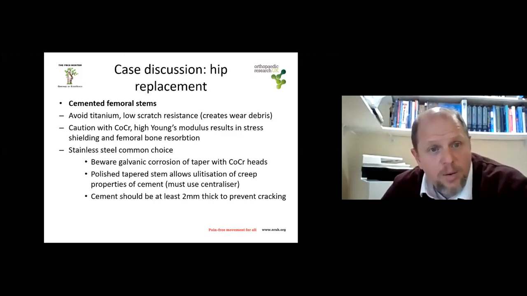Obviously, if they say, what is Young's modulus? You can say it's a measure of stiffness of the material. And they can say, well, if Young's modulus is important, what if we have too high a Young's modulus? And you could talk about how some implant companies make a polished tapered stem with cobalt chrome, and that would be the Zimmer prosthesis, called the CPT, and that particular prosthesis uses cobalt chrome, so it has a higher Young's modulus.